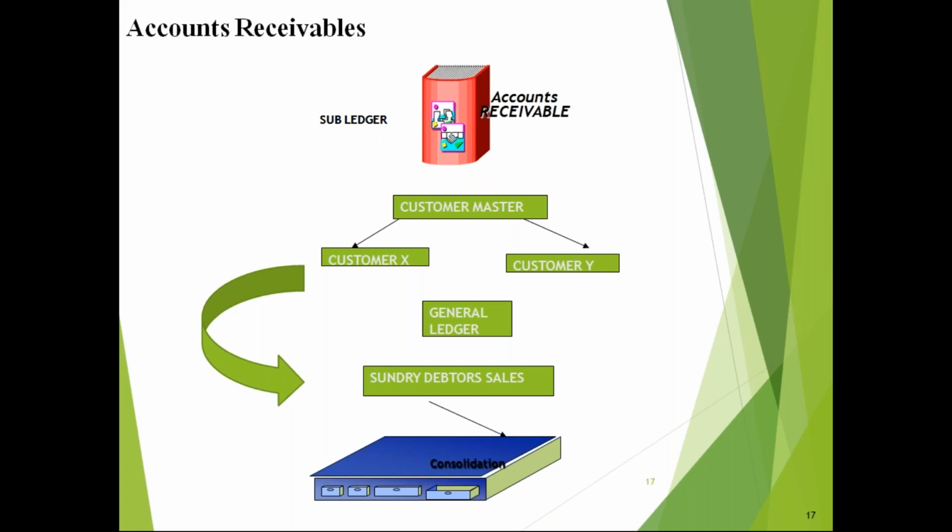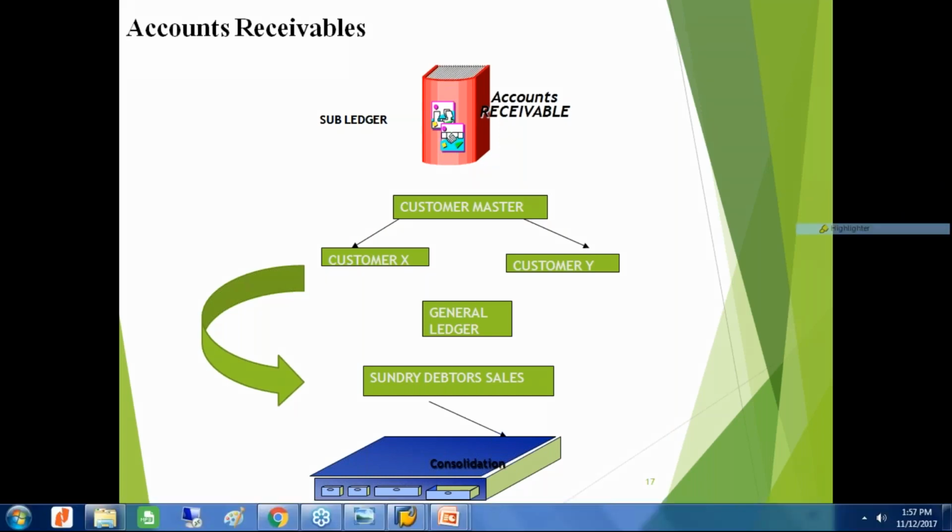When I go to the next slide, just one second if I can get a marker. Okay. Now here, once again, we'll be creating one GL, general ledger, with the name sundry debtors.